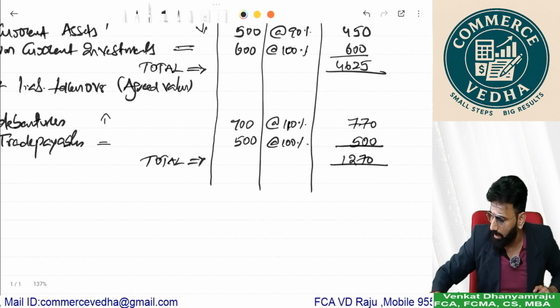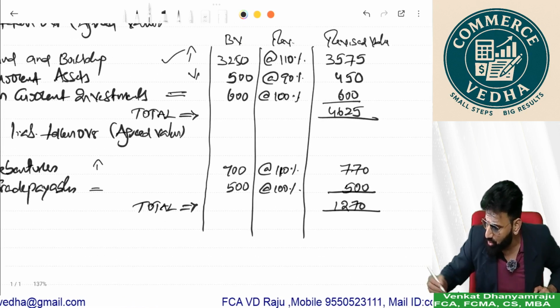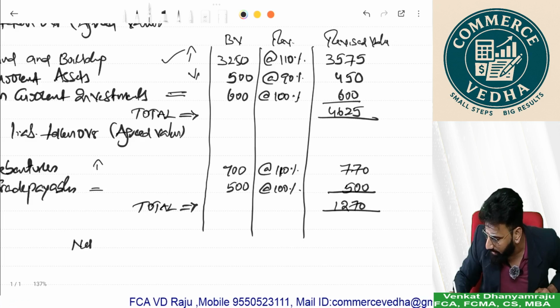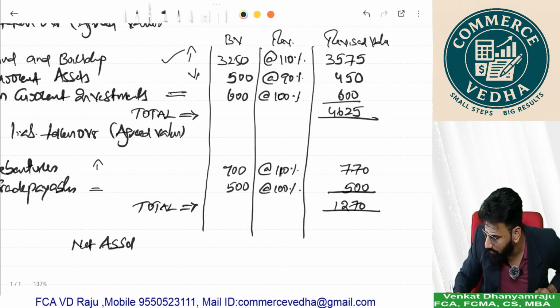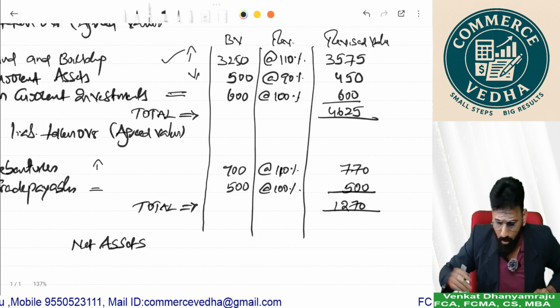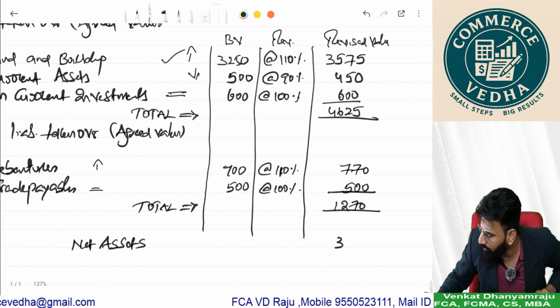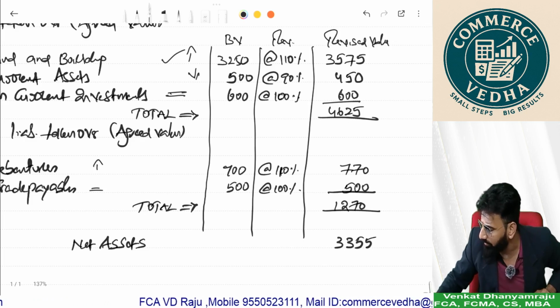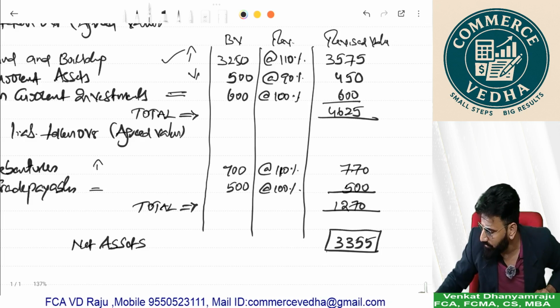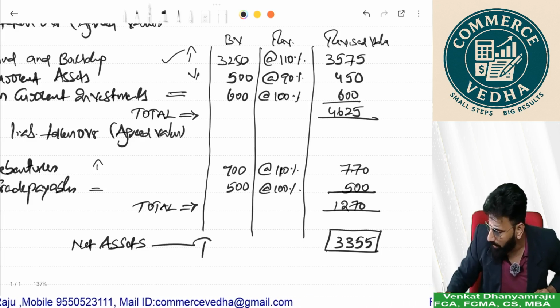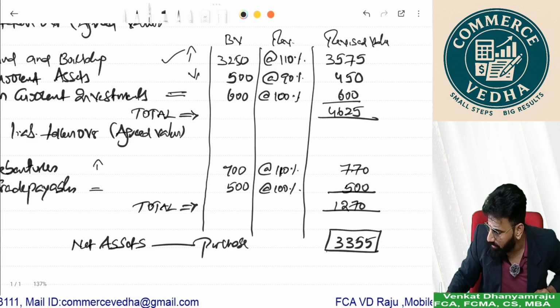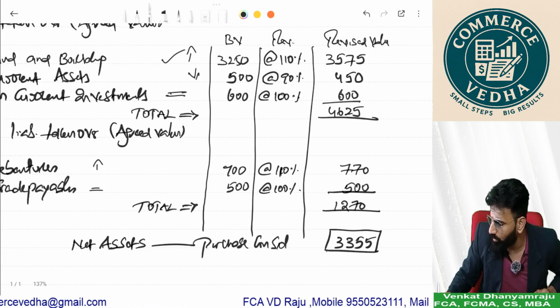So the net of these two is called net assets, which is 4625 minus 1270, 3355. This is nothing but purchase consideration. To whom?